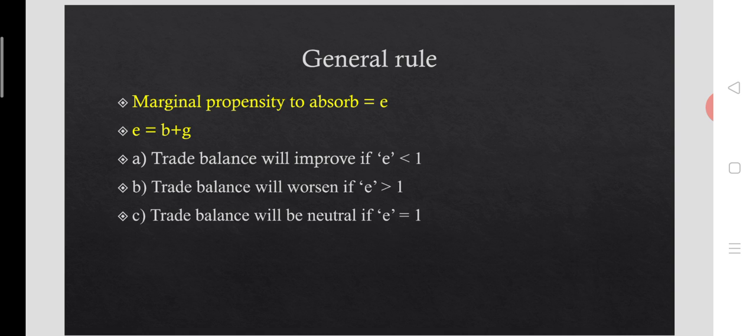Similarly, when marginal propensity to absorb is equal to 1, trade balance remains unaffected. It will remain neutral. So it doesn't have any impact on the trade balance if the absorption is equal to 1. So when absorption is less than 1, trade balance will improve. Absorption is greater than 1, trade balance will deteriorate. When absorption is equal to 1, trade balance remains unaffected.